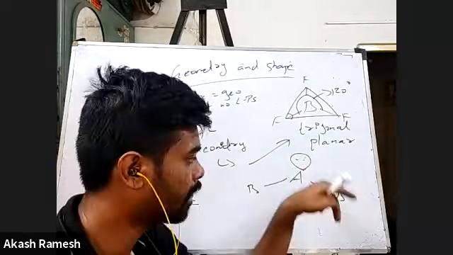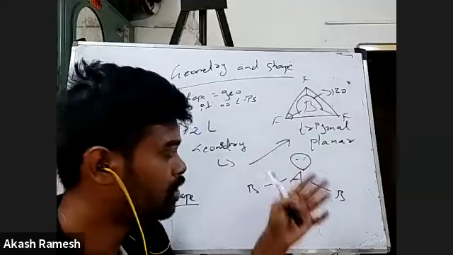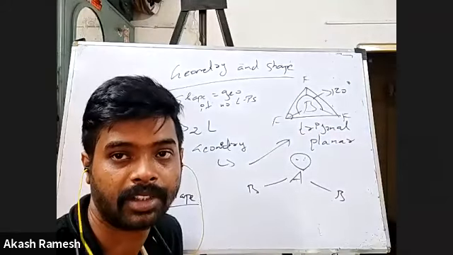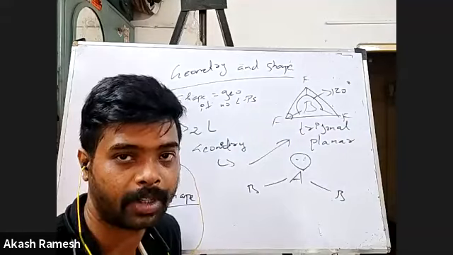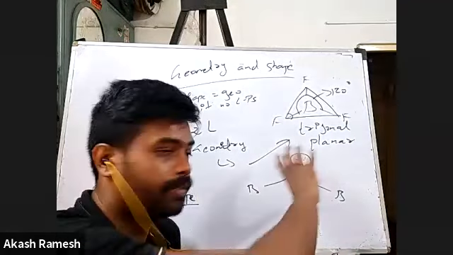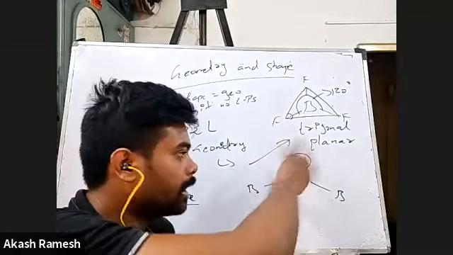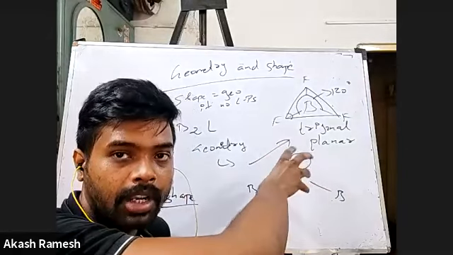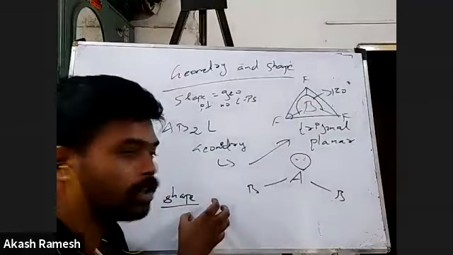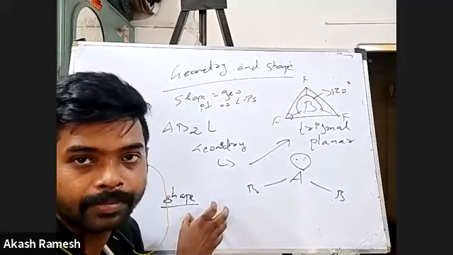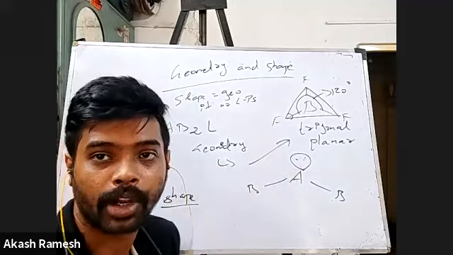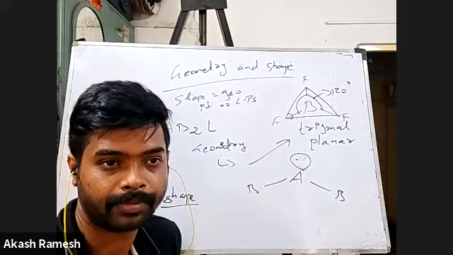There's a lone pair, there's a bond pair, so this repulsion you will see. The consequence of this is that something happens to this geometry, and that is where the shape comes into the picture.